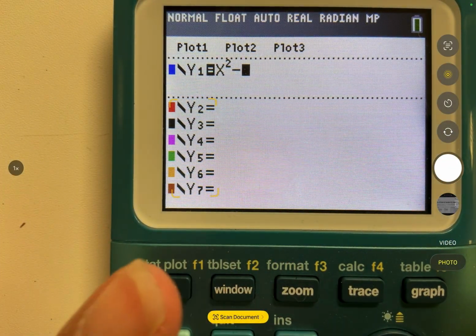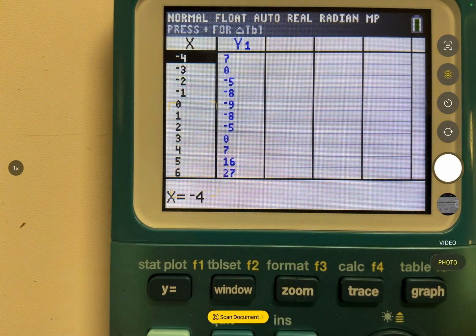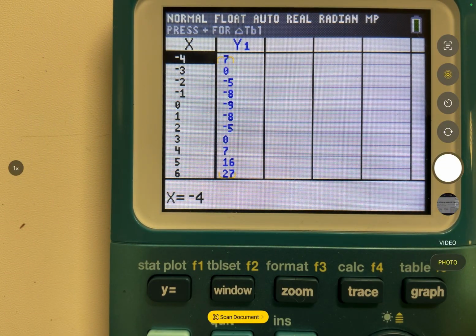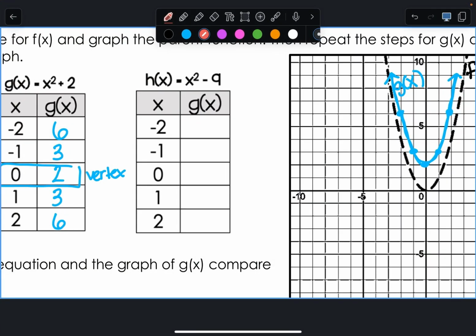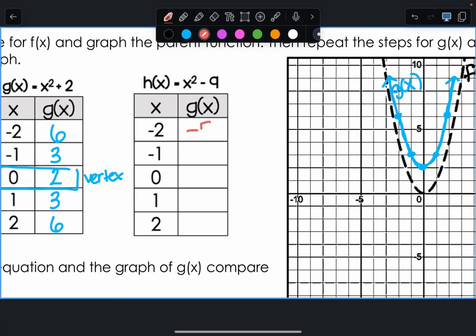Minus 9. Okay. You get your points. We'll go back. So negative 2, negative 5, negative 1, negative 8, 0, negative 9, 1, negative 8, 2, negative 5.